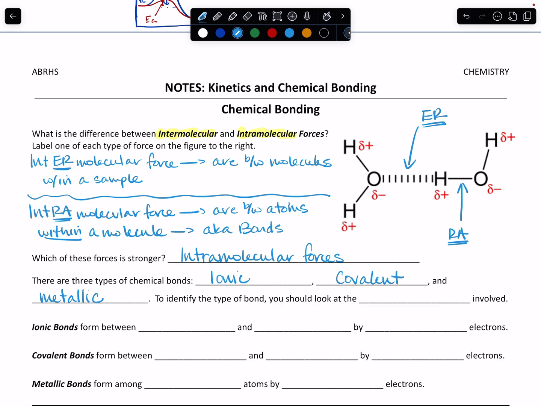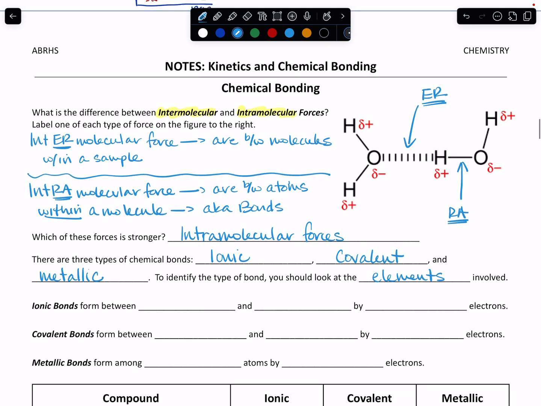To identify which type of bond is going to be present within a particular molecule, you need to look at those elements. And then you need to understand what the different element types are from the periodic table. So you still need to understand where the metals are and where the nonmetals are, because that is going to be really important for this unit.